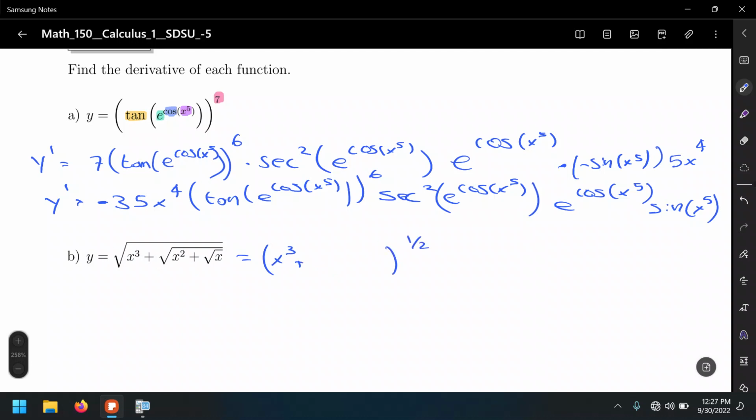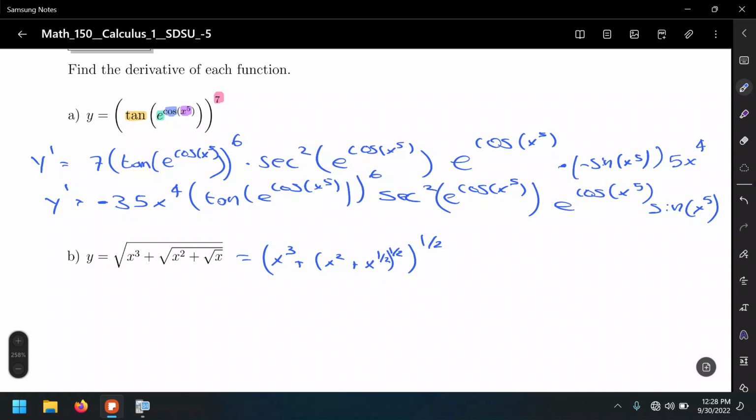The overall radical means to the 1/2. That's x squared plus x to the 1/2, and to the 1/2. Alright? Oh, I forgot the other 1/2.